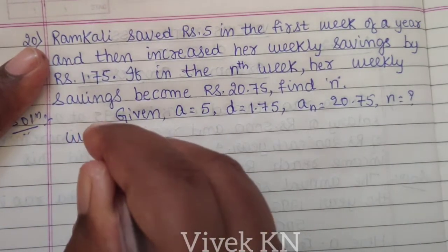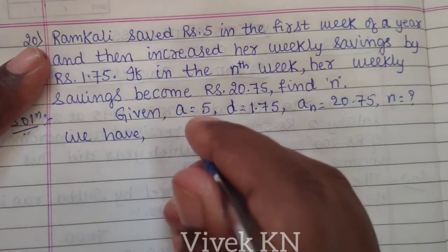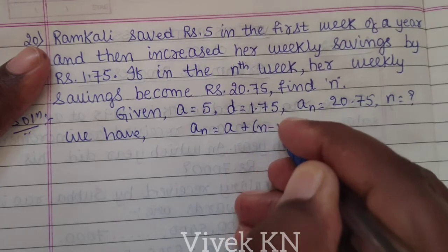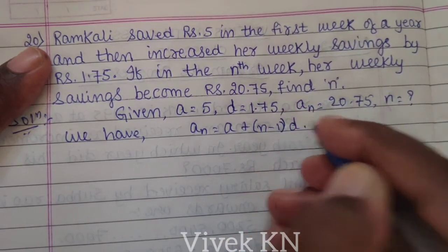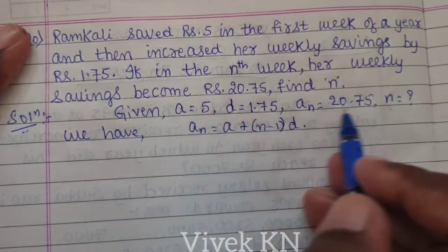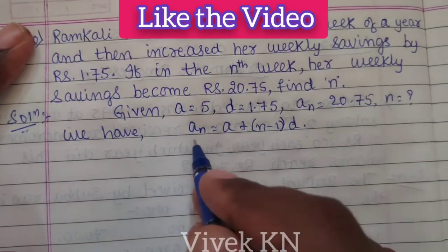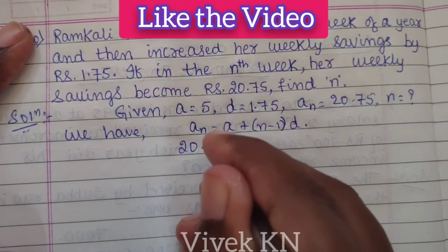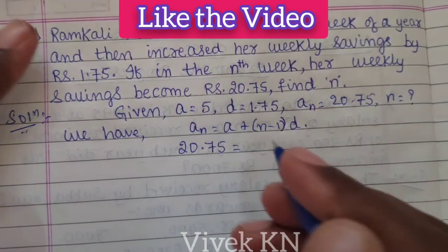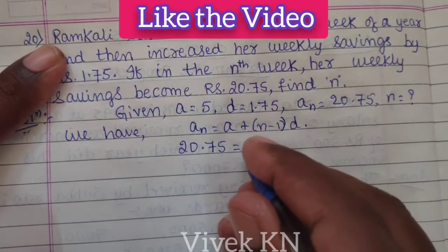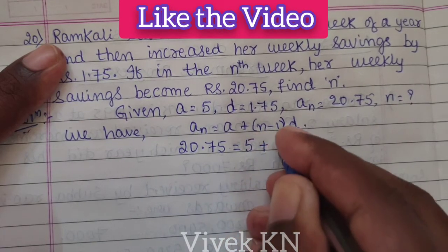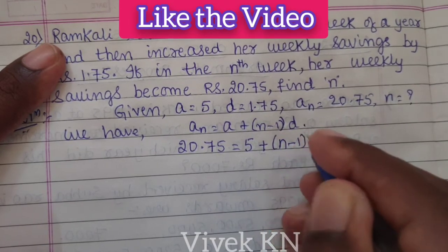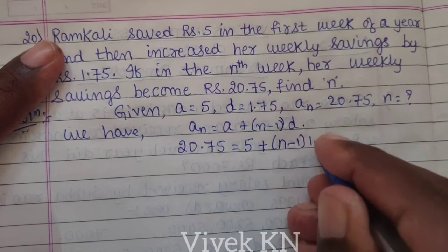We have the nth term formula, that is an is equal to a plus n minus 1 into d. Let us substitute these values in this formula. The value of an is 20.75. 20.75 is equal to the value of a, 5, plus n minus 1, where n we have to calculate, into the value of d, which is 1.75.